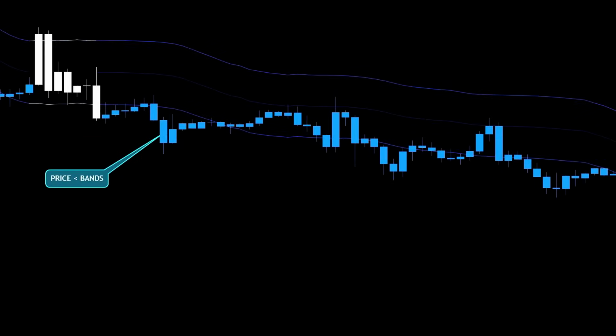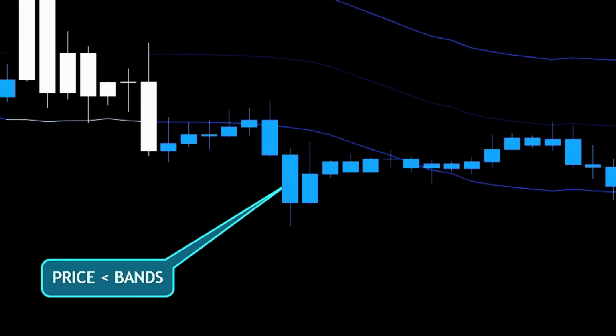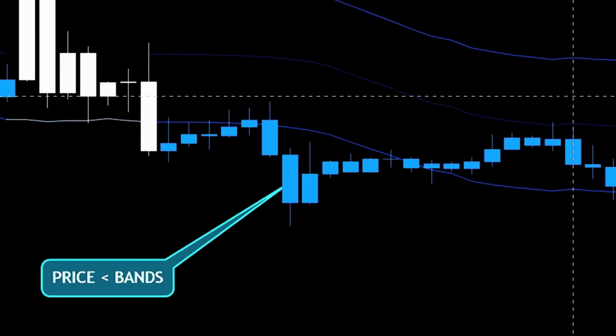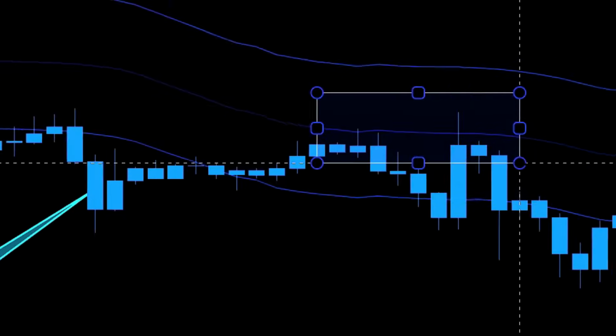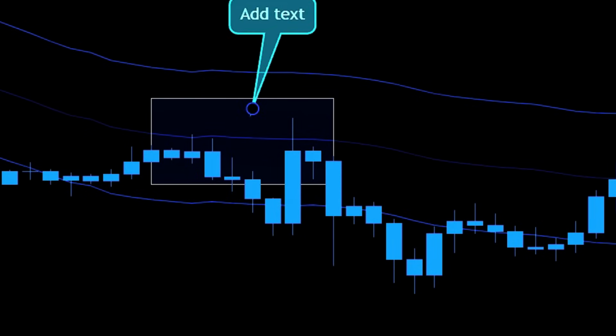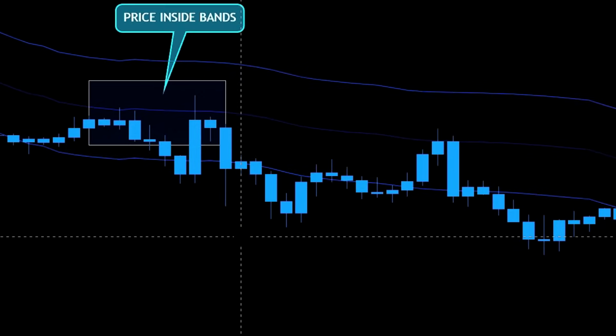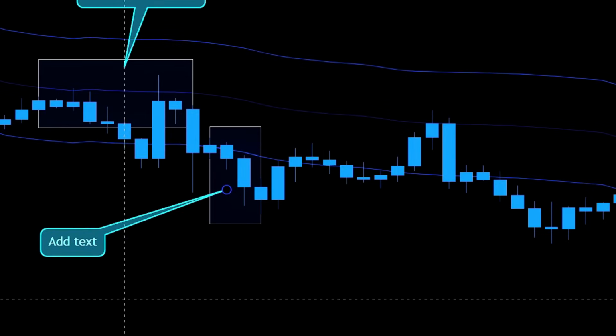Now, for sell trades, it's pretty much the exact opposite. You're looking for the price candles below the Fama Channel, waiting for them to pop back inside. Then you want to see a strong bearish breakout.